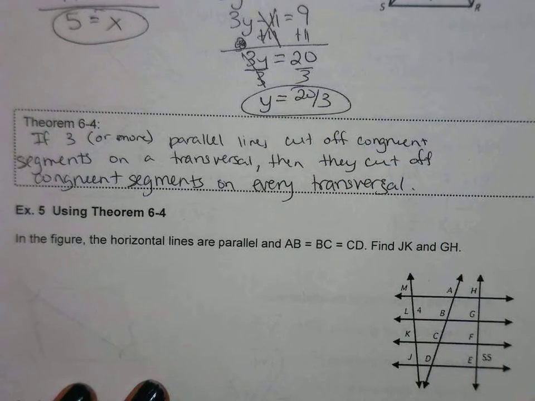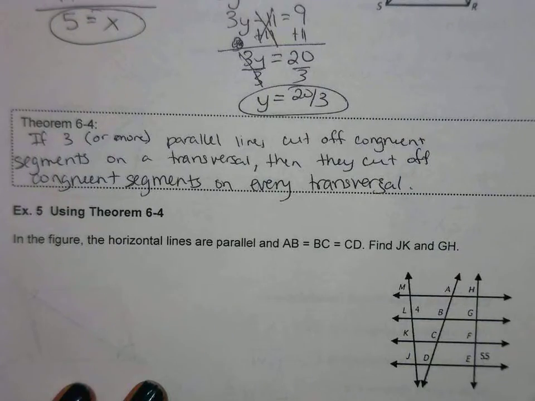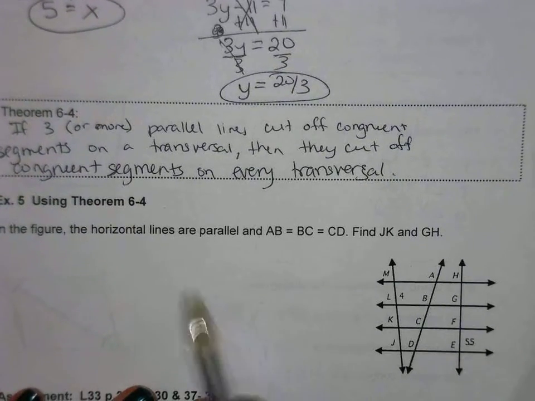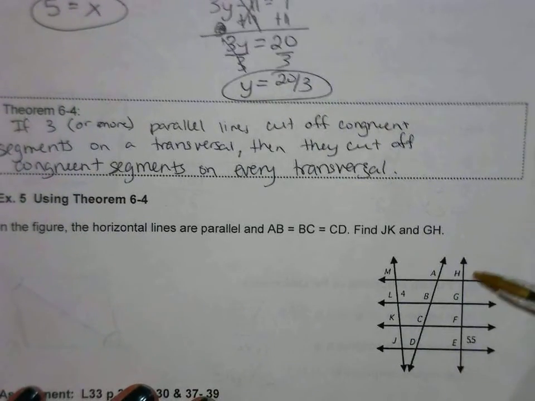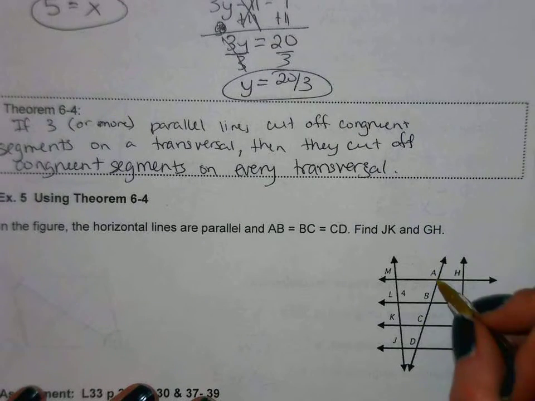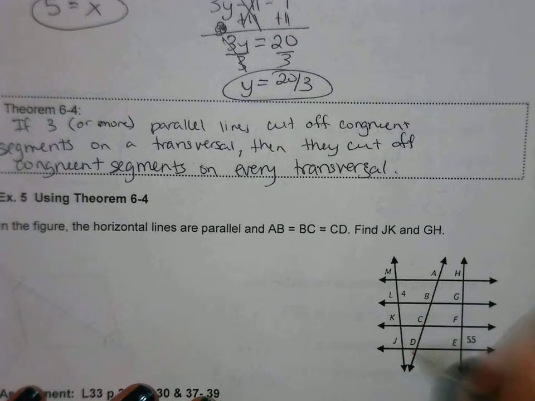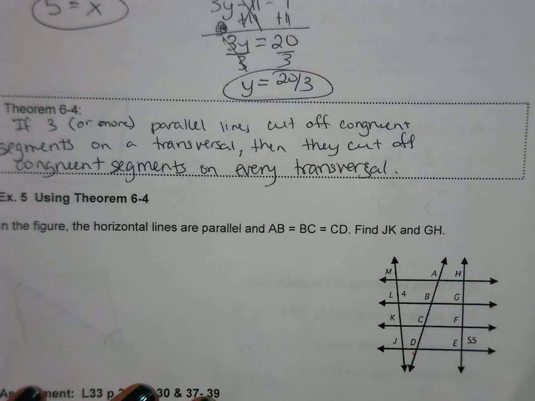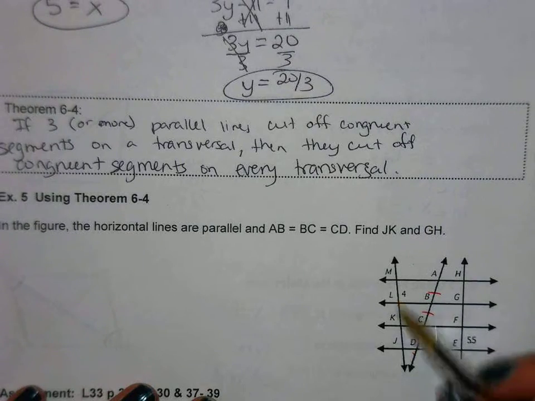So let's look at example 5 and put this together. We have parallel lines. We are stating that AB, BC, CD are all equal to each other. So we want to find the length of JK.